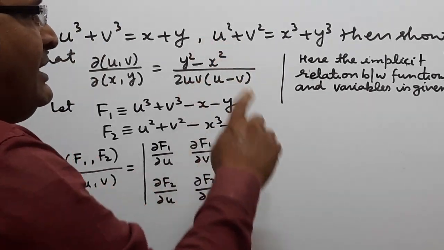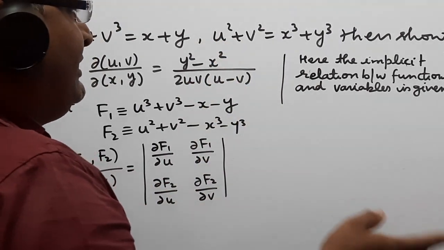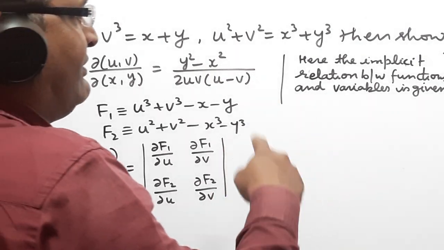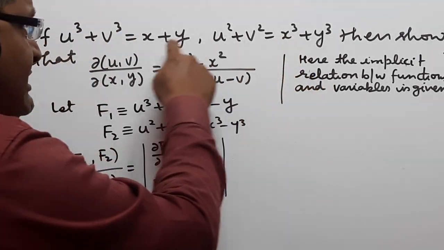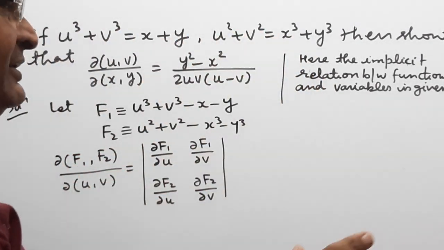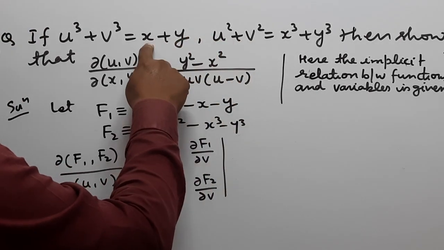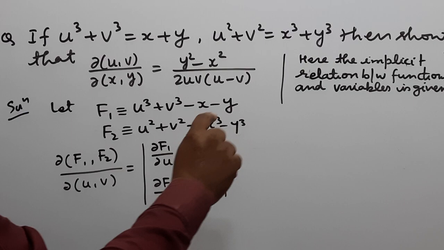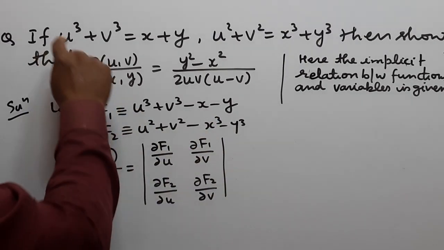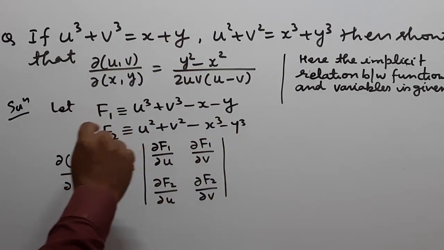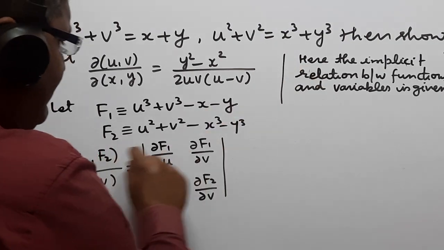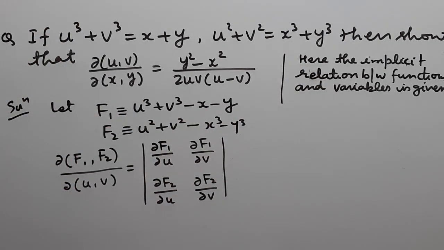Also v cannot be expressed in terms of the variables x and y. So these relations are called implicit relations. When implicit relations are given, first we suppose that f1 is equal to the first implicit relation and f2 is equal to the second implicit relation.